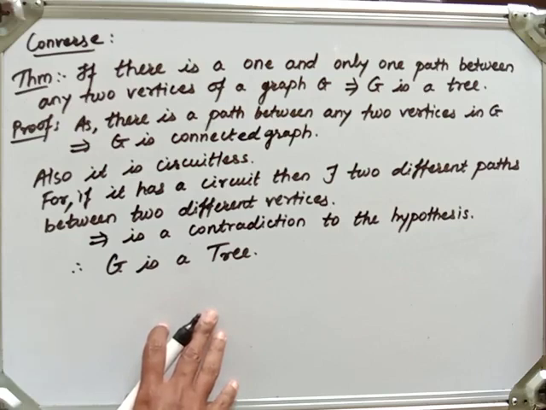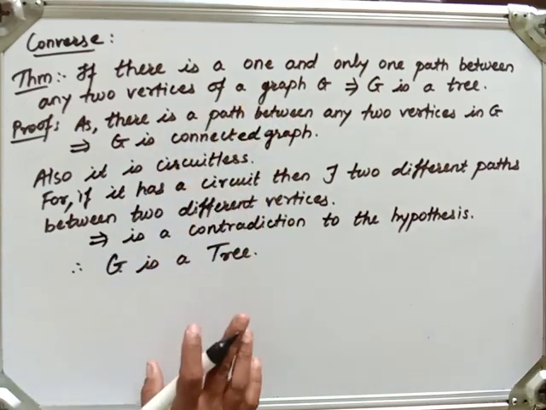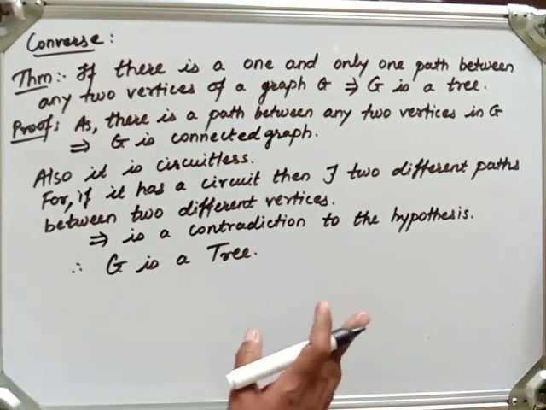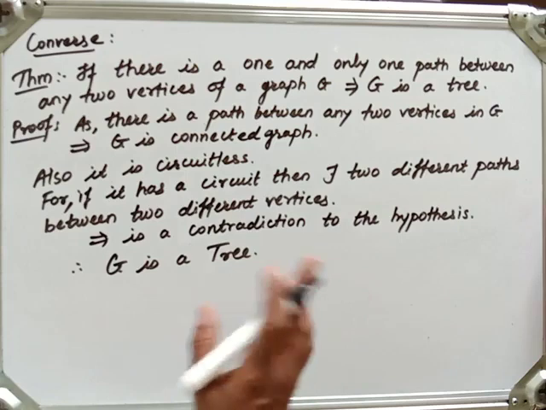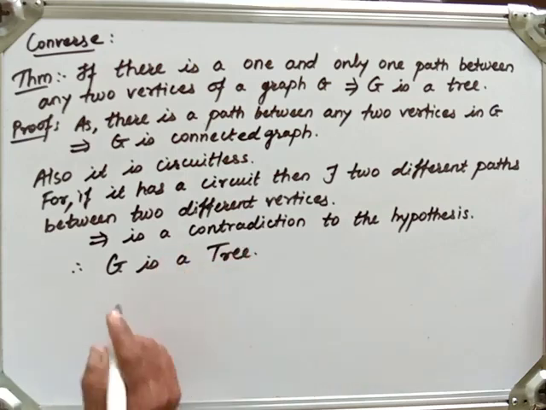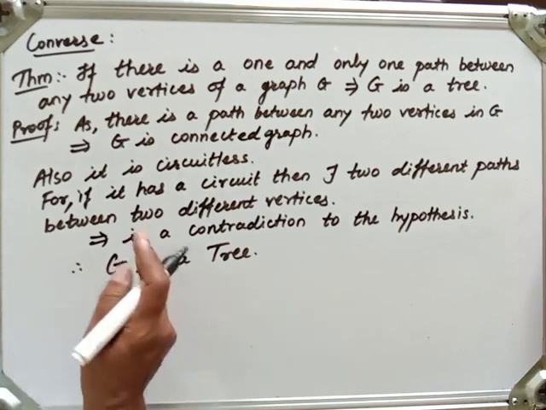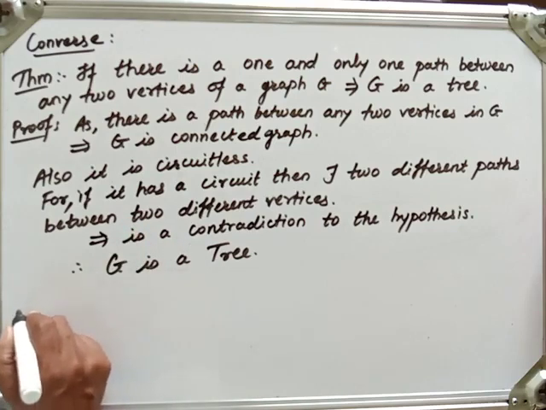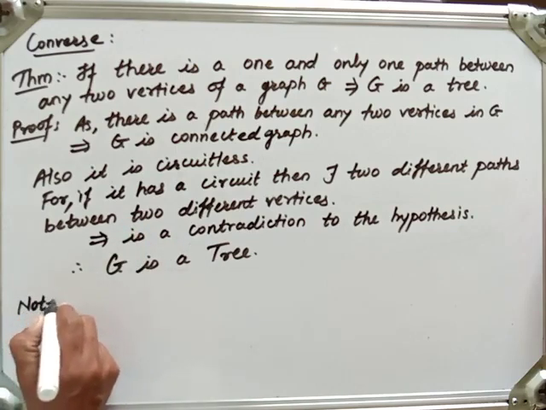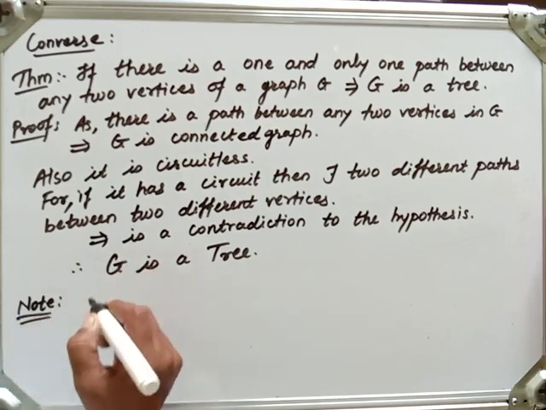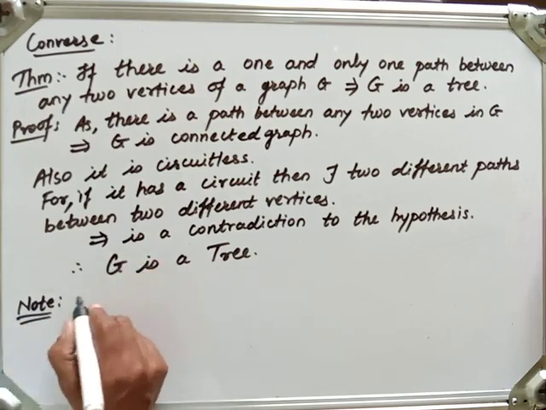Now here, if there is one and only one path between any two vertices of a graph G, then that graph is nothing but a tree. So in both ways we have proved that this is true. So let's combine them. Combining these two theorems, what can we say? A note, let me write as a note.